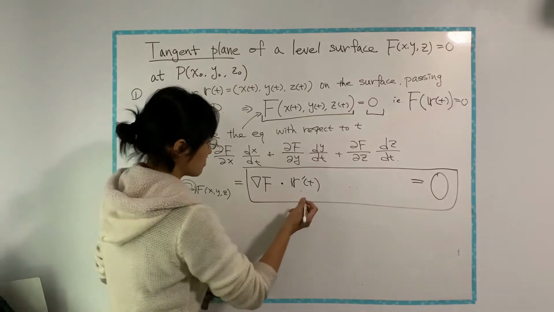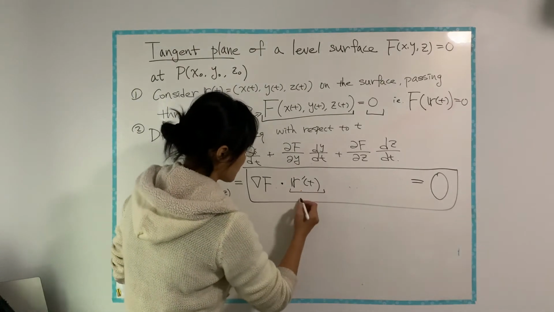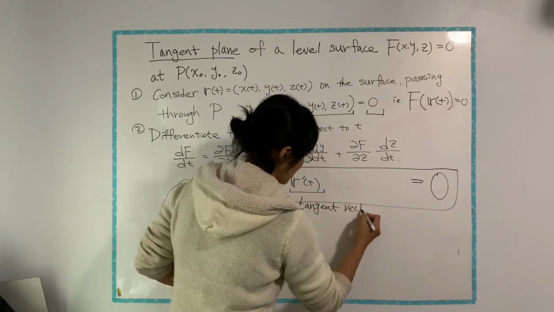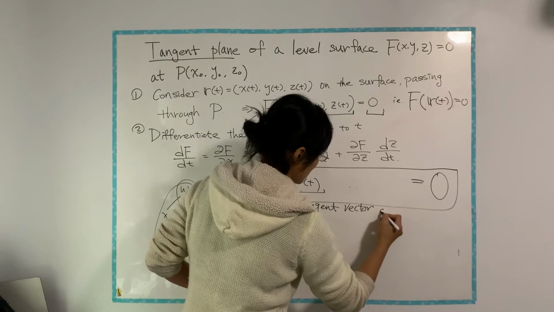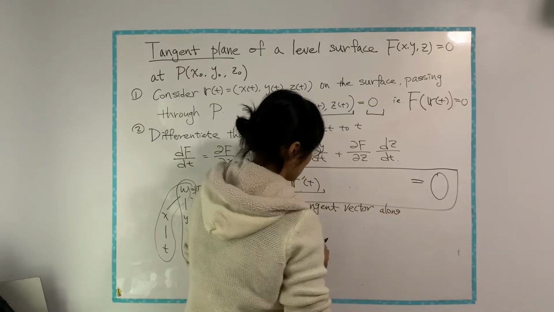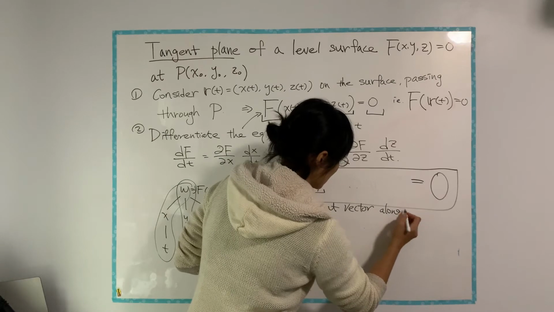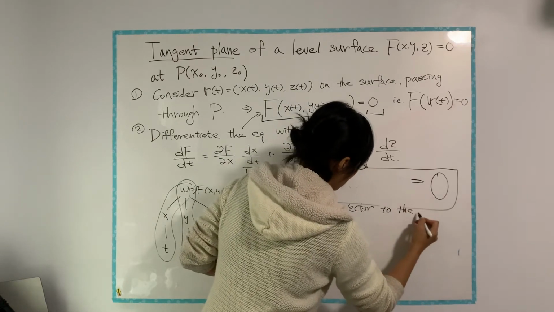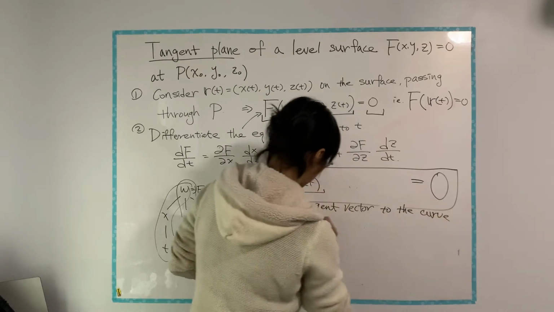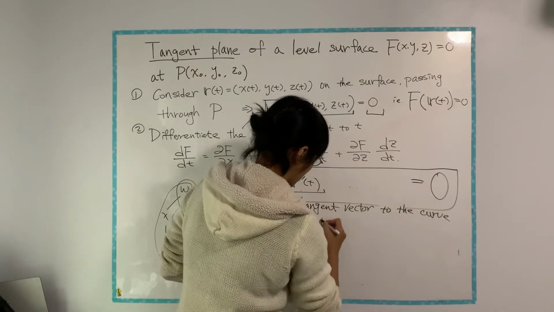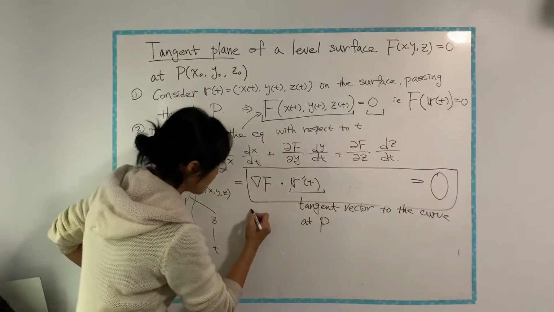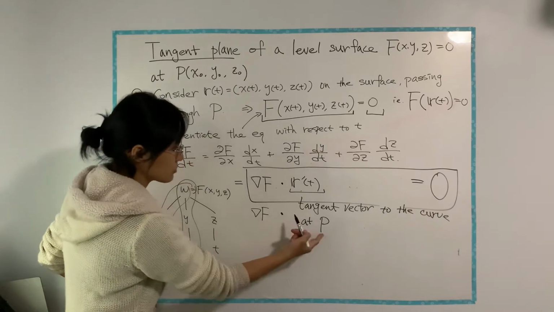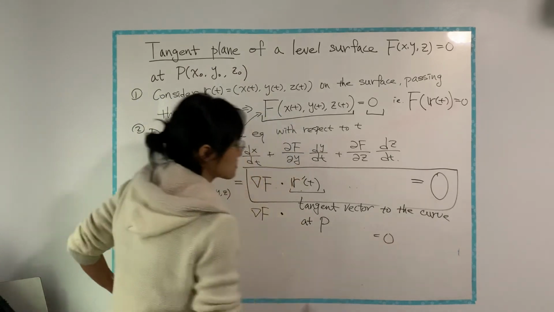All right. So what does that mean? This gives you a tangent vector to the curve at P. And you have a vector, gradient f, whose dot product with this tangent vector is always equal to 0.